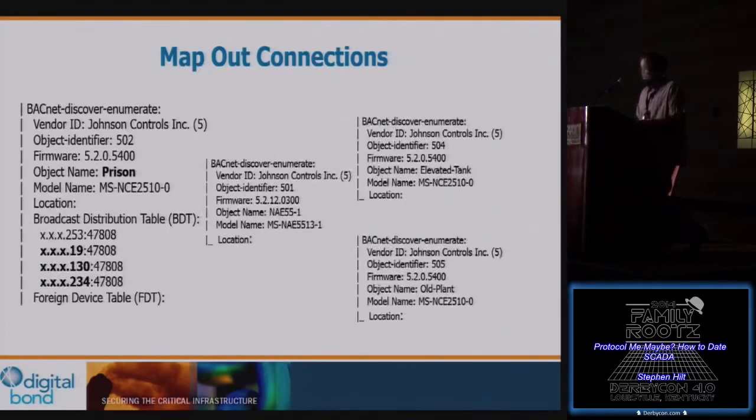Here's the device and the three existing ones that match the ones in the broadcast distribution table. One has the object name NAE 55-1, which matches the model name, elevated tank, and old plant. They don't seem to really match each other, and the prison may just be a one-off oddness.